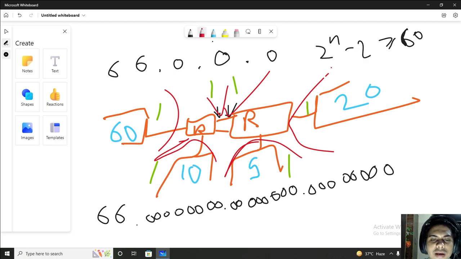N is a number, and I will show you. If you write 1 in place of n, 2 minus 2 is equal to 0, which is not greater than and also not equal to 60.